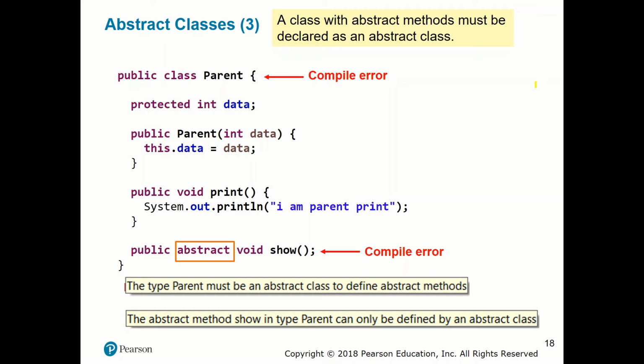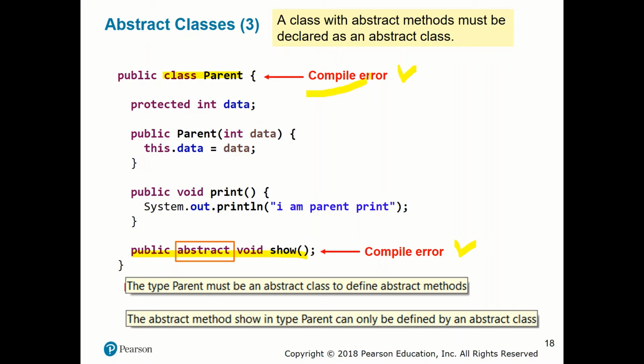Let's see this example again. This is a parent class, and it has an abstract method like this. There are two compile errors. A compile error will occur here and here.